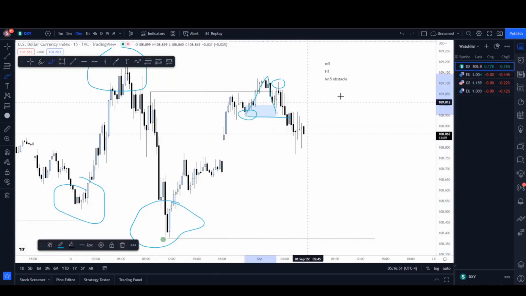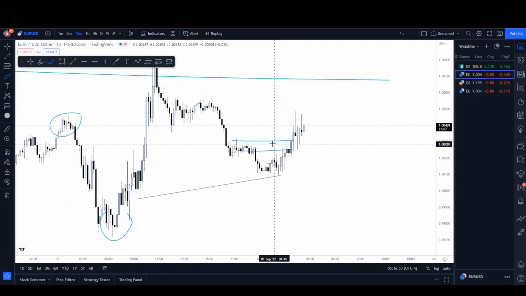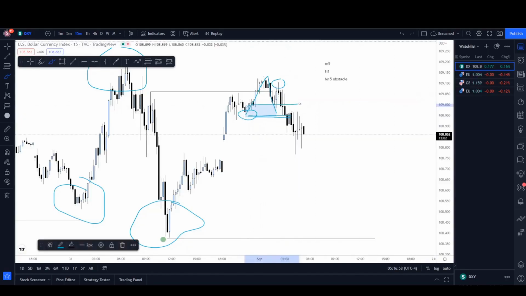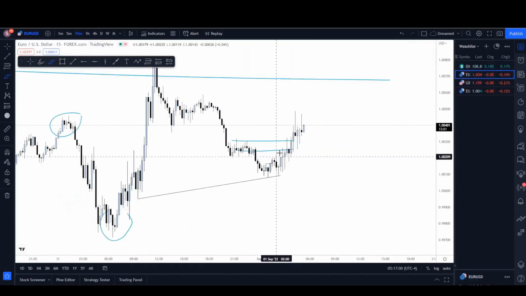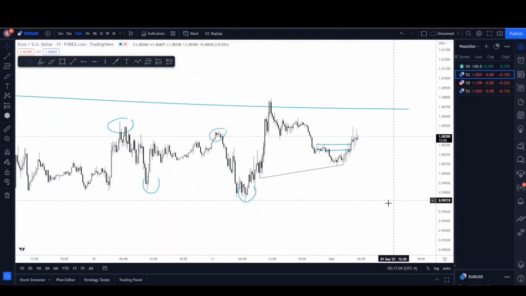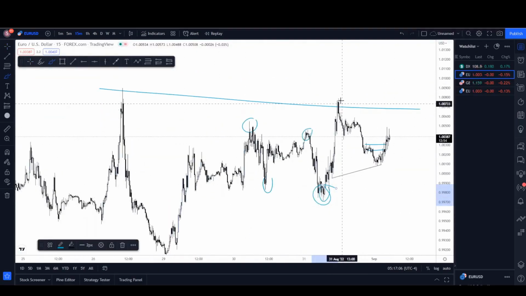So dollar is bullish, and EU is also bullish, so it doesn't make sense, right? So this bullish structure on dollar transfers to EU. Okay, so hopefully that makes sense, but yeah, I'm still using EU structure as H1. You just got to look at both pairs. It's really important.